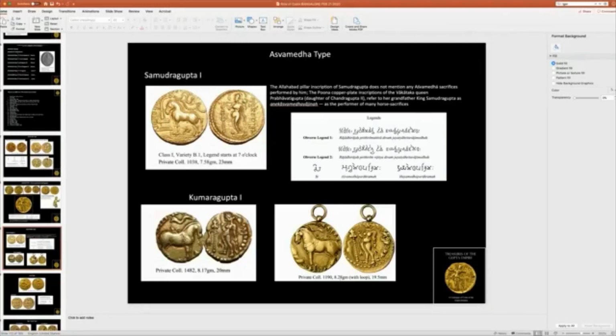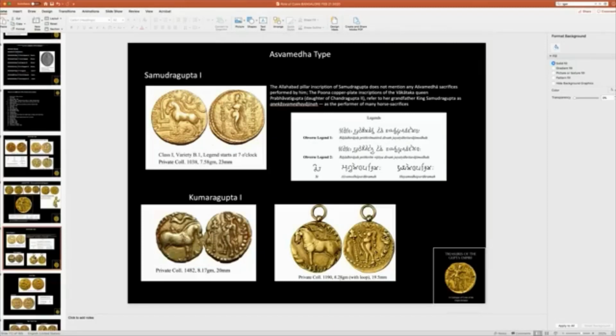The reason we can say that is because in these gold coins of the Ashvamedha type, we find many, many die varieties. We find many, many coins. However, when we look at the Ashvamedha coins issued by King Kumaragupta I, we find very few coins. And it's assumed that he only did two Ashvamedha sacrifices.